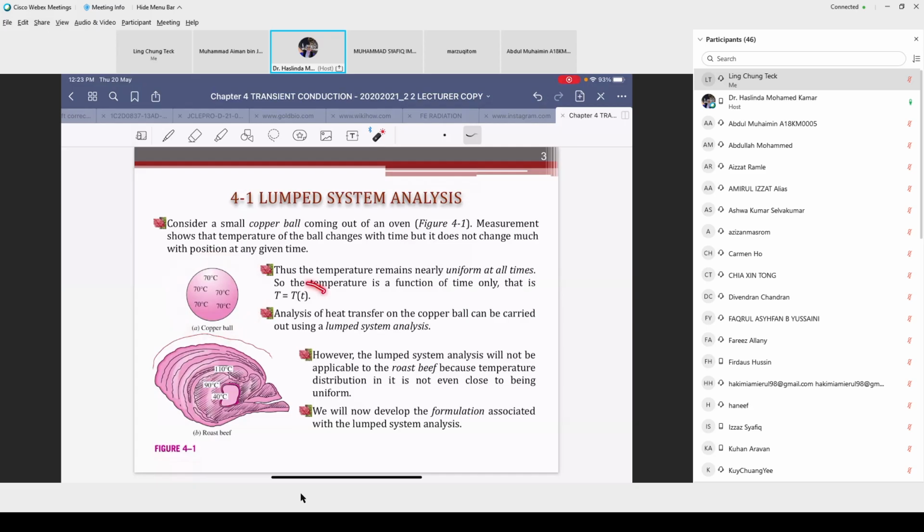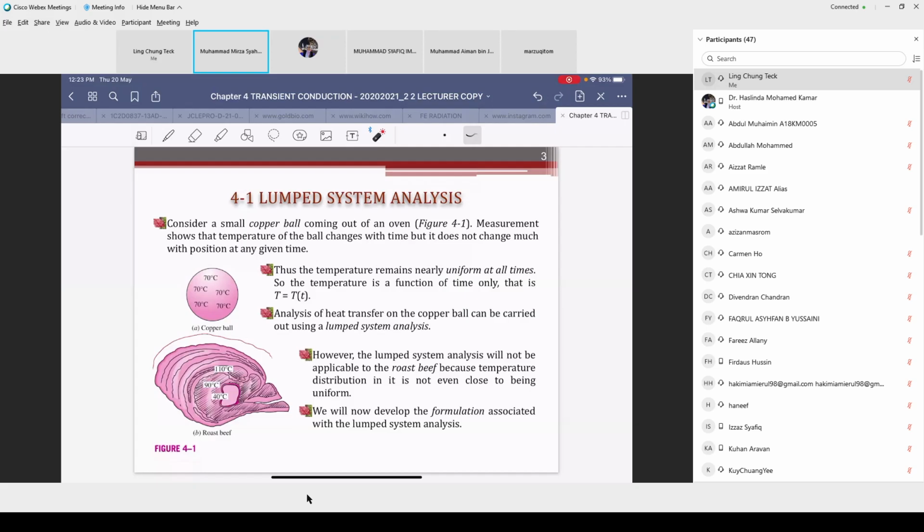Okay. Doktor, kalau real world condition, selain copper ball apa lagi ya boleh buat lumped system analysis? Okay, let us think together. What else? Something that's more, okay, maybe your pencil. Pencil, okay.